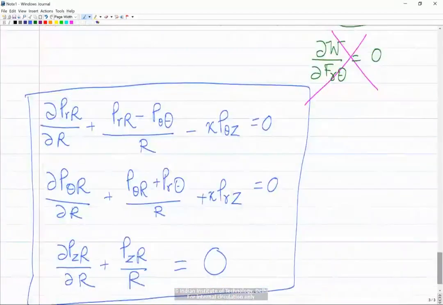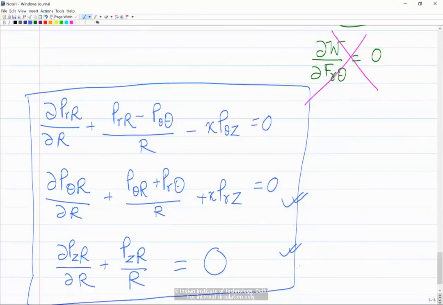Now, can you think of how these two equations can be trivially satisfied? If it is not satisfied, then we must have three field unknowns. But we have just one field unknown, that is B. So the remaining two field equations have to be trivially satisfied. Now, what do you think?